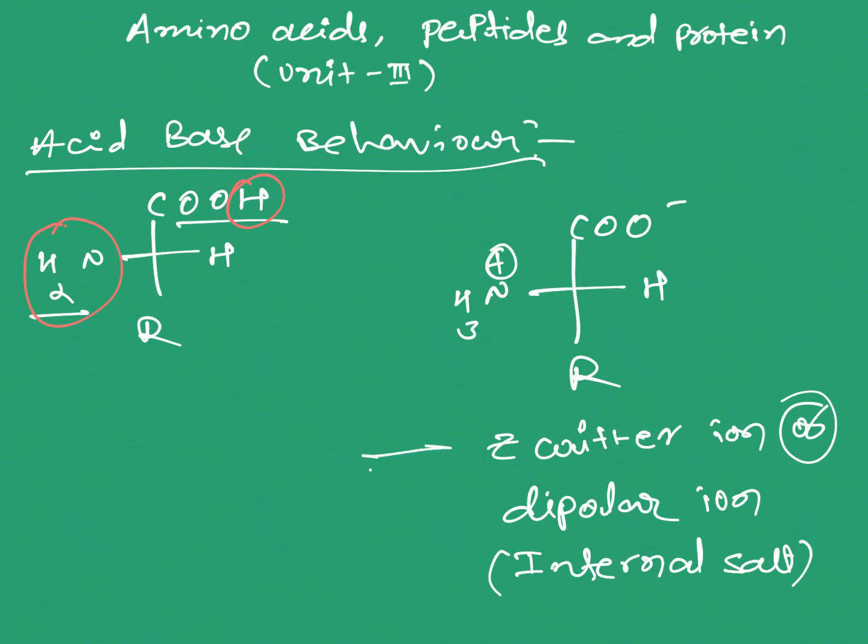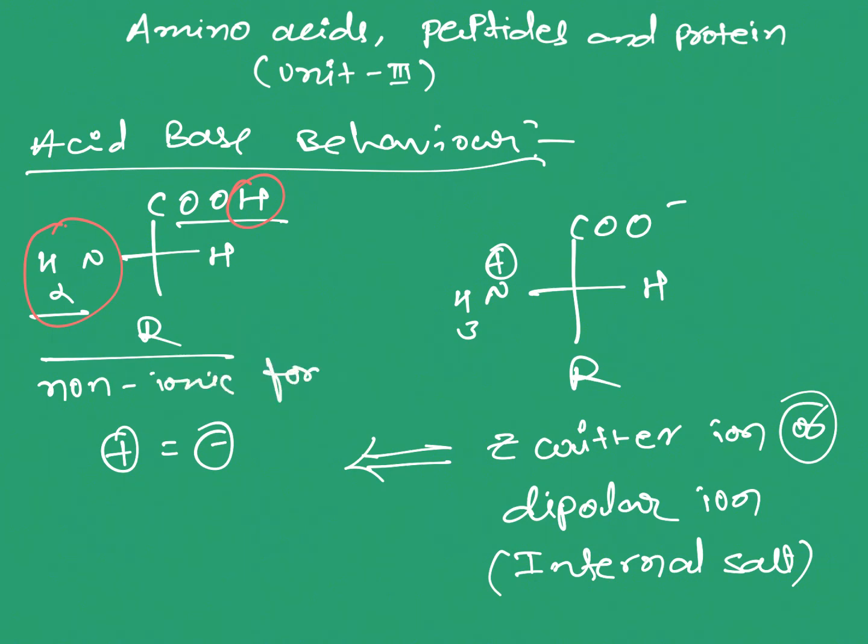The molecule which contains equal numbers of opposite charges, that is equal numbers of positive and negative charges present in the molecule, we call a Zwitter ion. Here one is negative, another one is positive, we call it a dipolar ion or internal salt. When we write this form we call it non-ionic form, and this form is called ionic form, and it exists as a Zwitter ion.